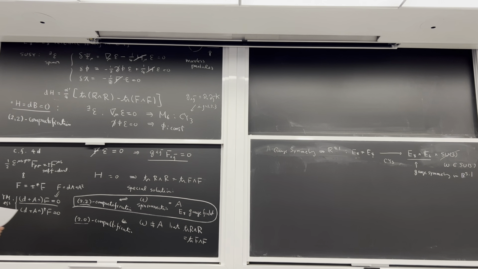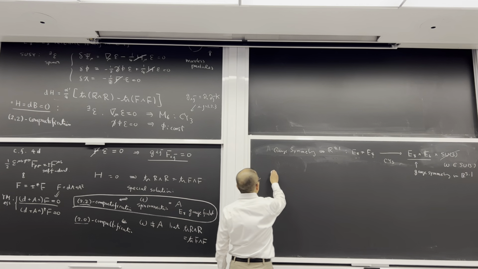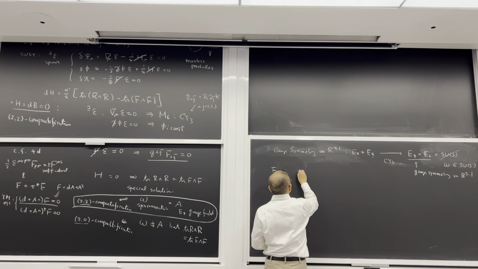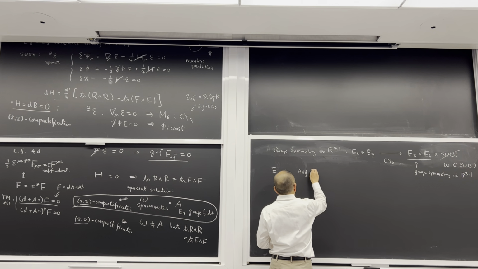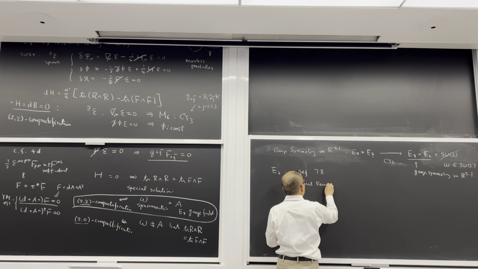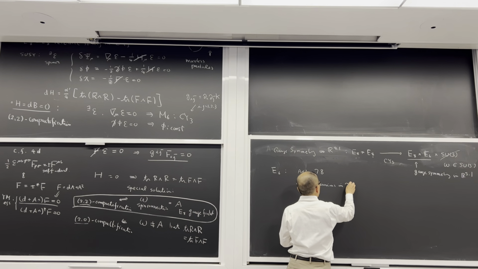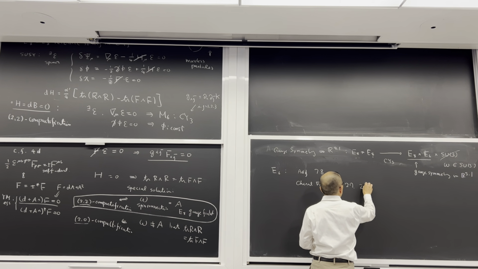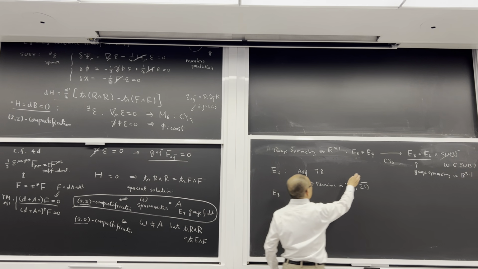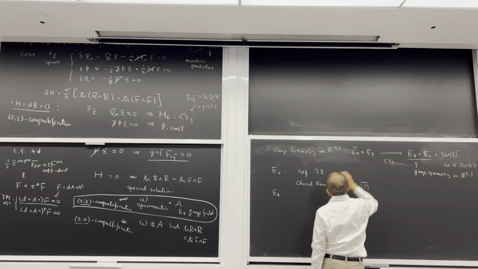So in the case of this E6, we can have the adjoint representation, which is the 78-dimensional representation, or we can have chiral fermions in the 27 representation, or its conjugate. The other E8, let's call it E8 tilde.